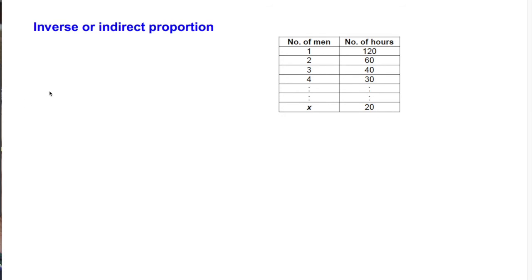We will now look at inverse or direct proportion using K. As we can see in the previous example on the number of men and the number of hours you work, when we take the number of men multiplied by the number of hours, we always get a constant value, 120.